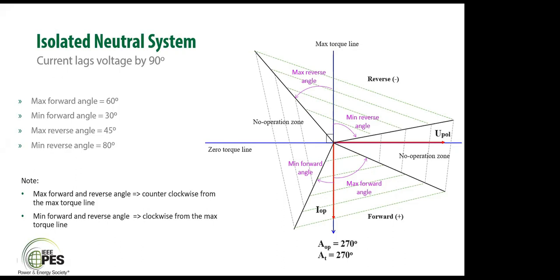Previously, there were only two provisions: half of the quadrant was the forward operation zone, and the rest was the reverse operation zone. But now we have inserted a provision to control the area of the forward and reverse operation zones, and the rest of the zone is considered the no operation zone.